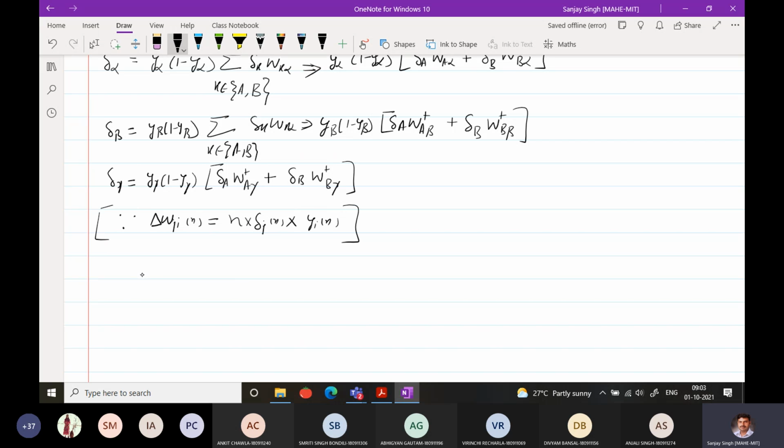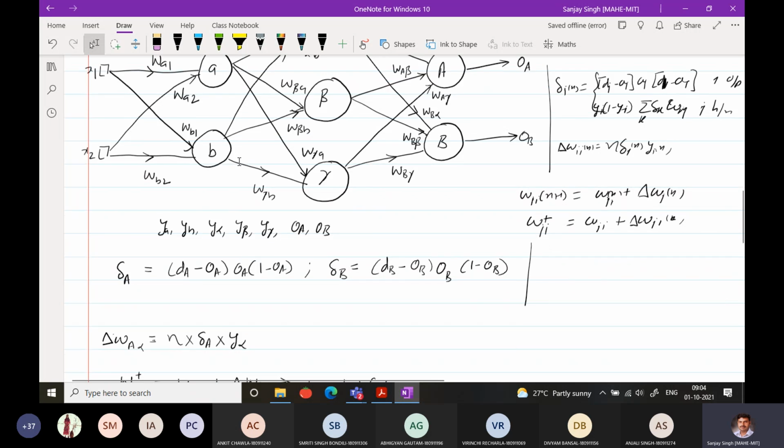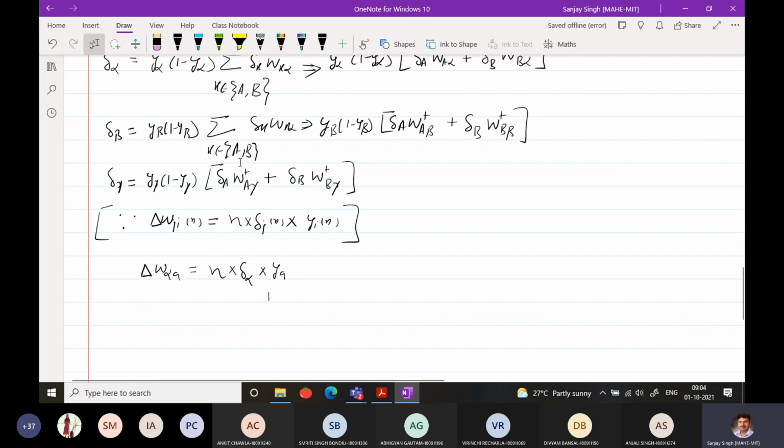So we'll write delta Wj, j means alpha, the neuron under consideration getting input from the previous layer, which is A, equal to eta times delta j, j means alpha, into input from the previous layer. Previous layer is nothing but Ya. See here, the input from this previous layer to the alpha neuron is Ya and Yb.